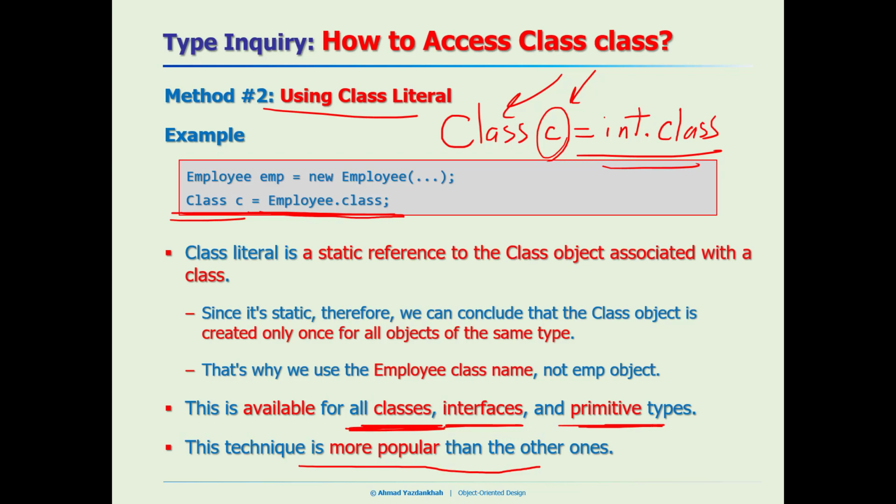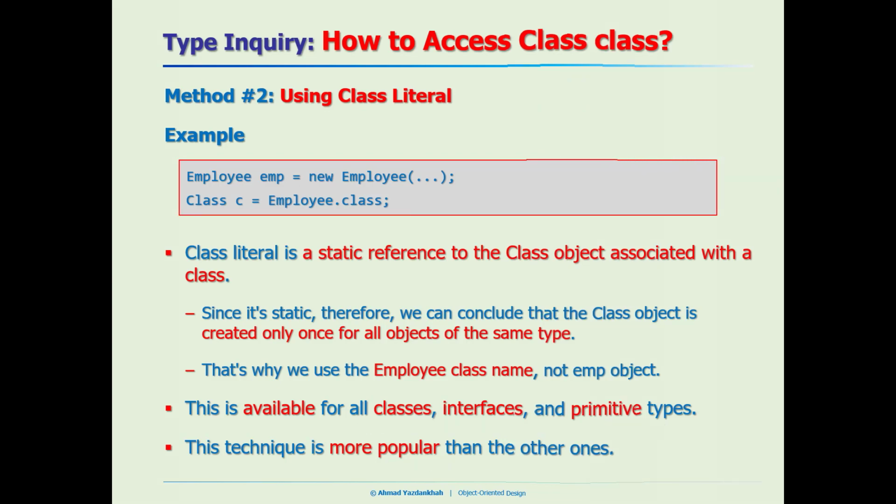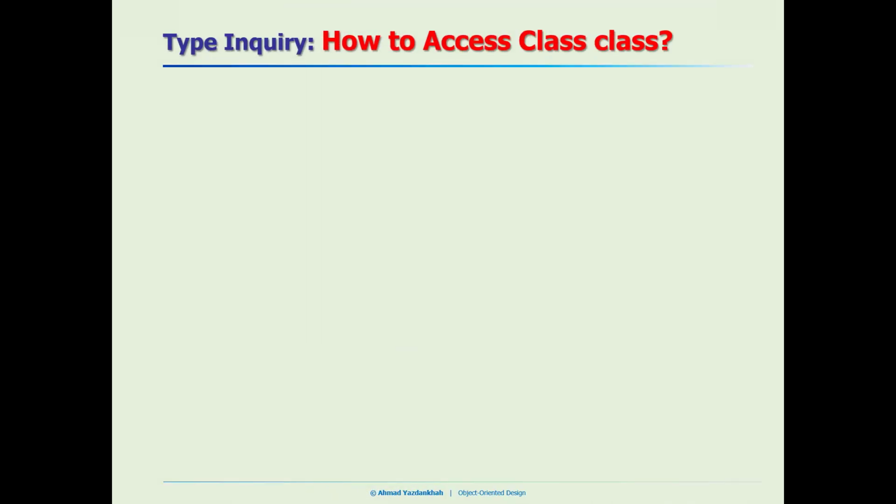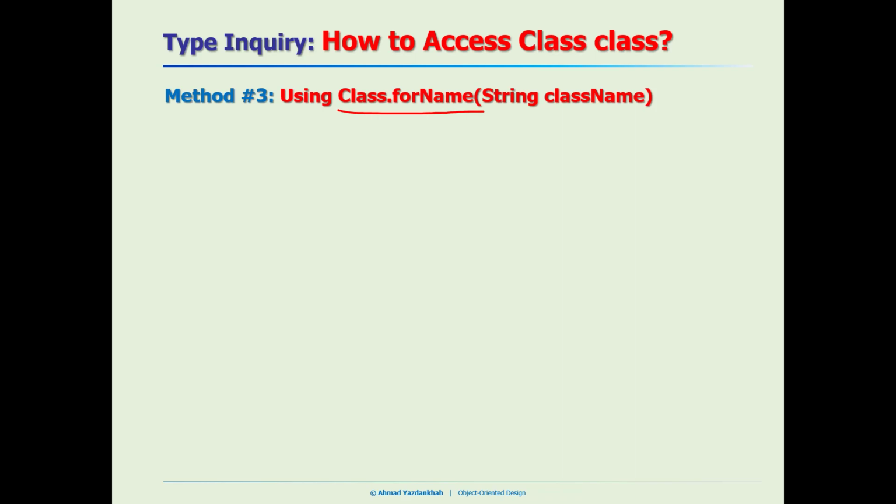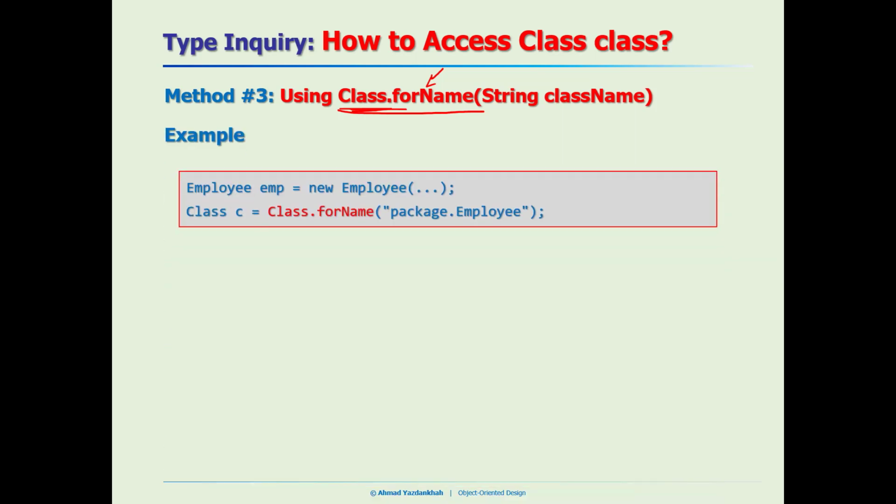And the second point about this technique, method number 2, is that it's more popular than the other ones, right? And the third technique, or third method, is to use the forName method from the Class class, which is a static method. Here is an example. Look at this. We are using the Class class, and we are using the static fashion to call this method.